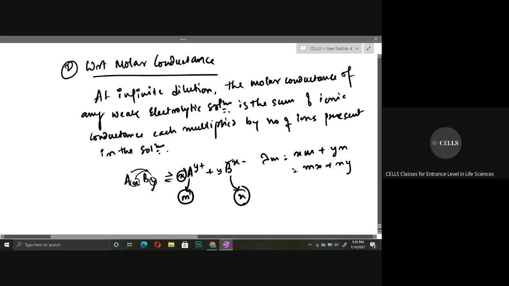The number of ions into its ionic conductance will give your molar conductance value.